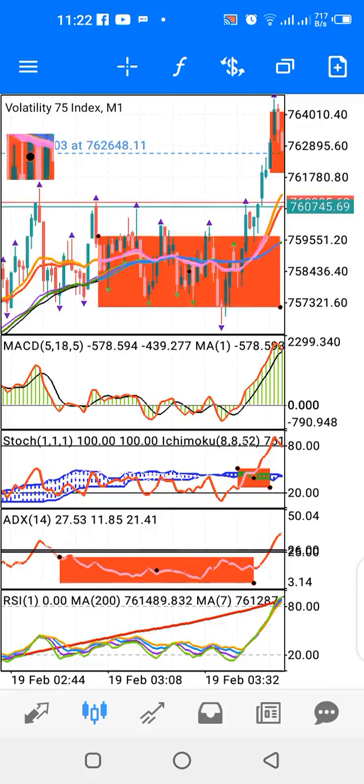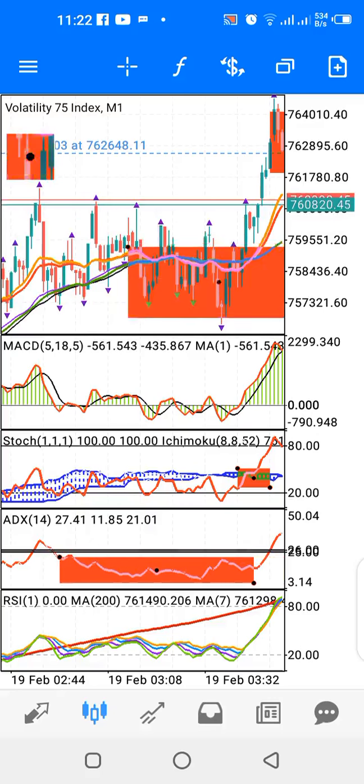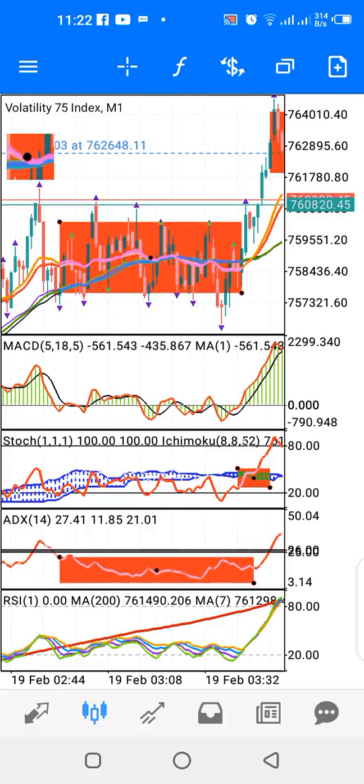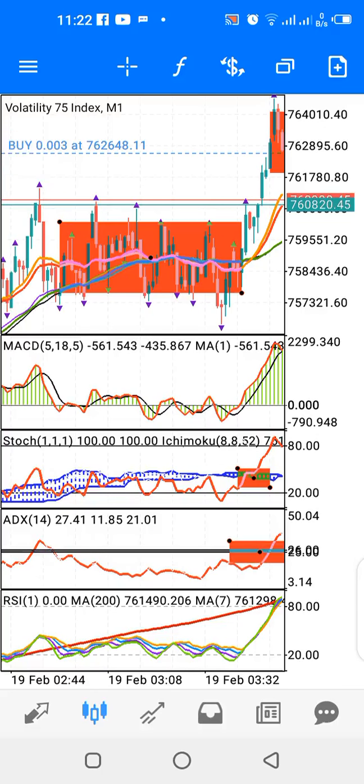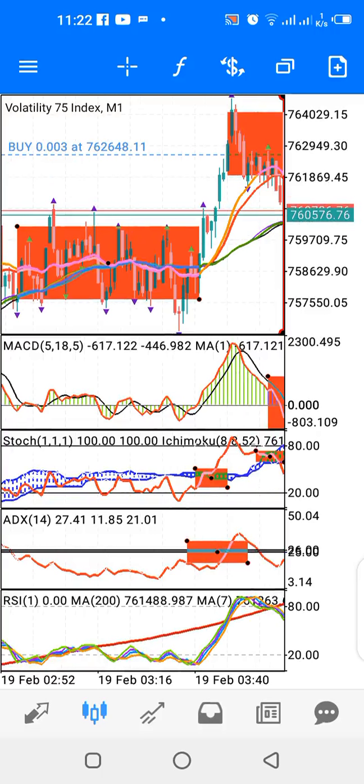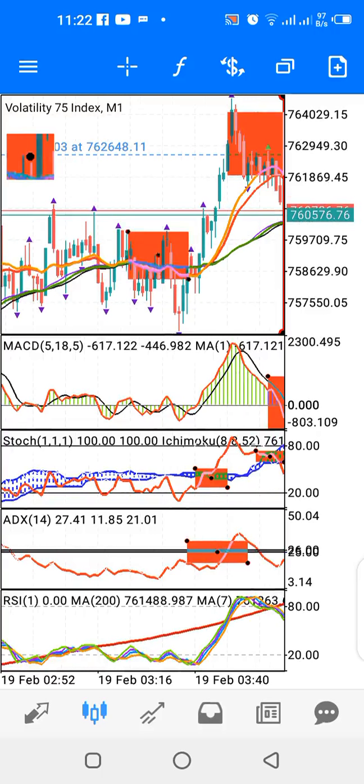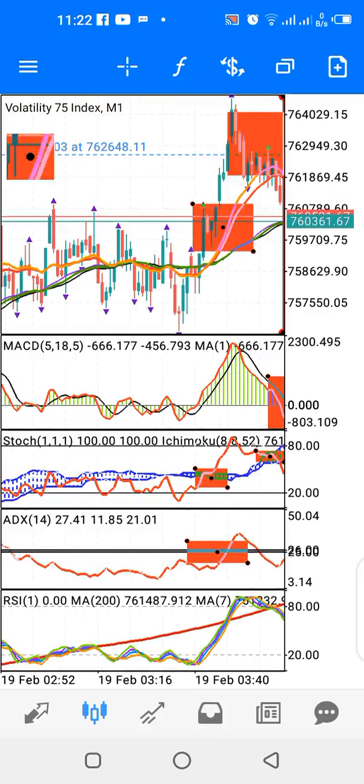You can see what's happening here. Range. Okay, but by the time we have a touch here and the red line goes above, you can see what happened. Range break. All right, but it didn't last long.